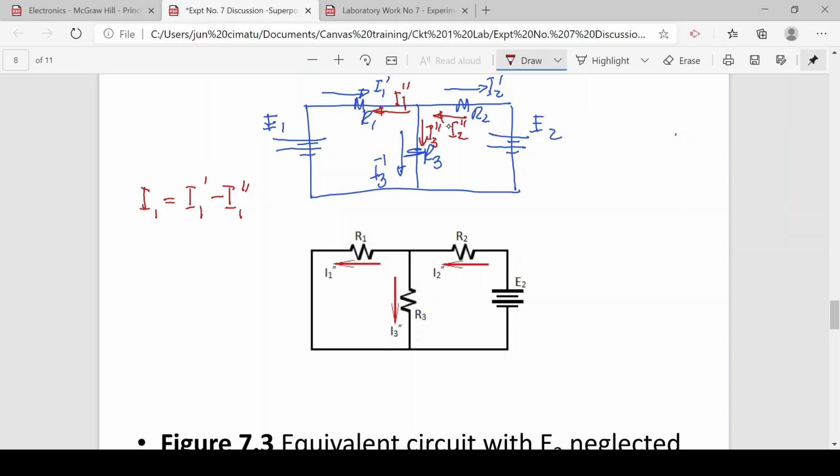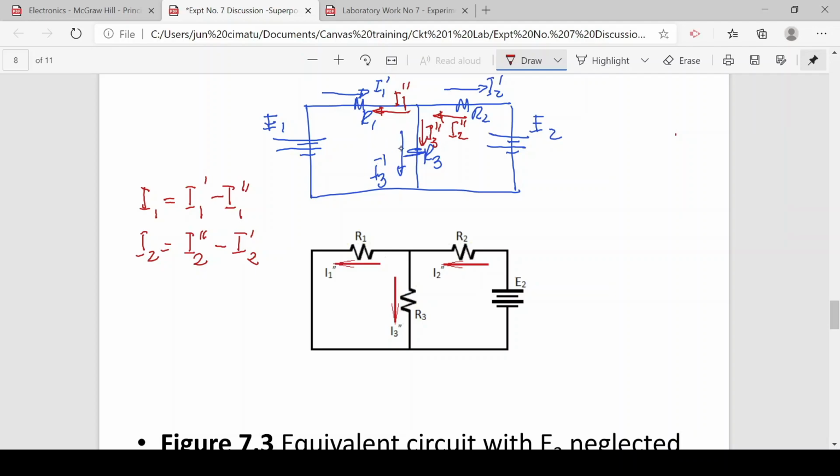Now for the branch of R2, I sub 2 would be I sub 2 double prime minus I sub 2 prime, considering that I sub 2 double prime is the total current supplied by E2, and that would be higher than the current I sub 2 prime, which is far from the source E1.